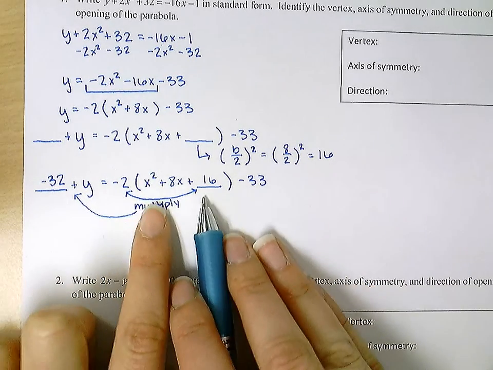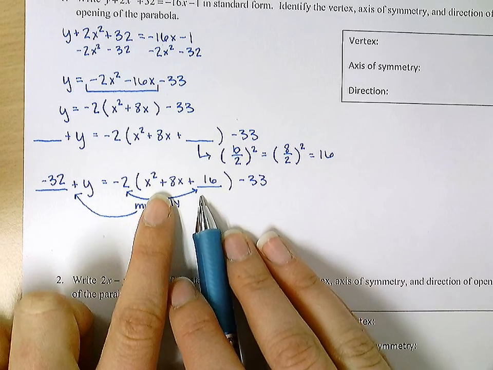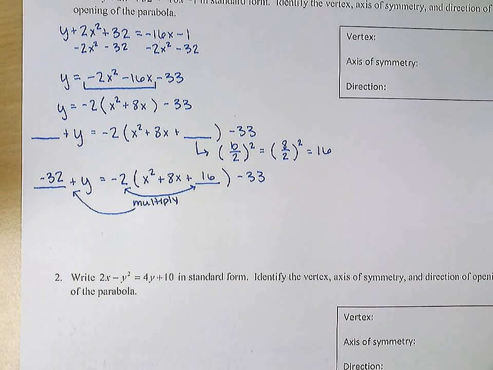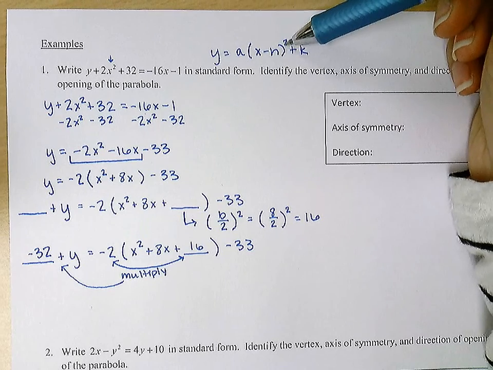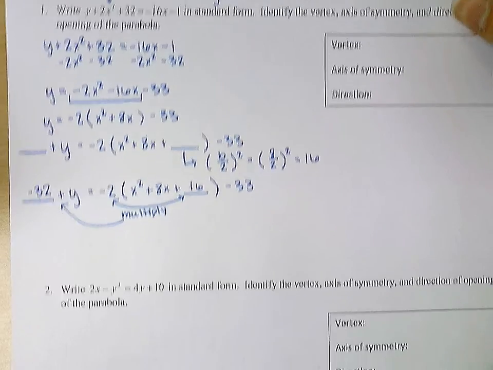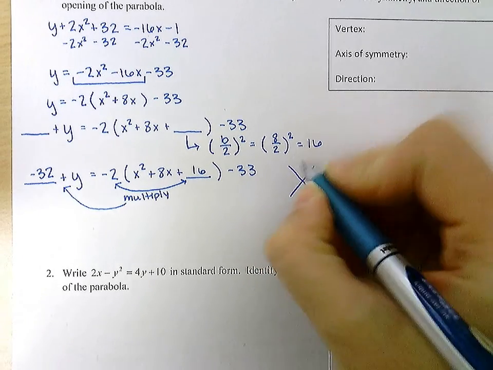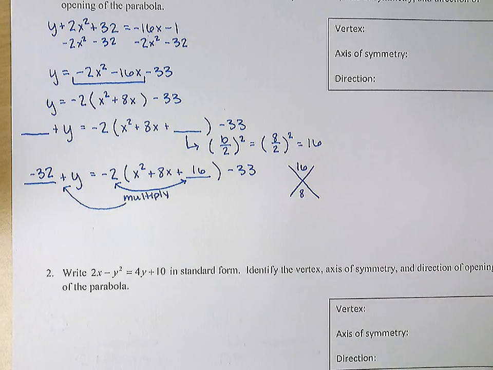From here I need to finish completing the square. So that means I need to factor what's inside of my parentheses here. If you don't know what completing the square means, it means you're going to have a quantity squared. So if I were to factor this, what multiplies to 16 and adds to 8?